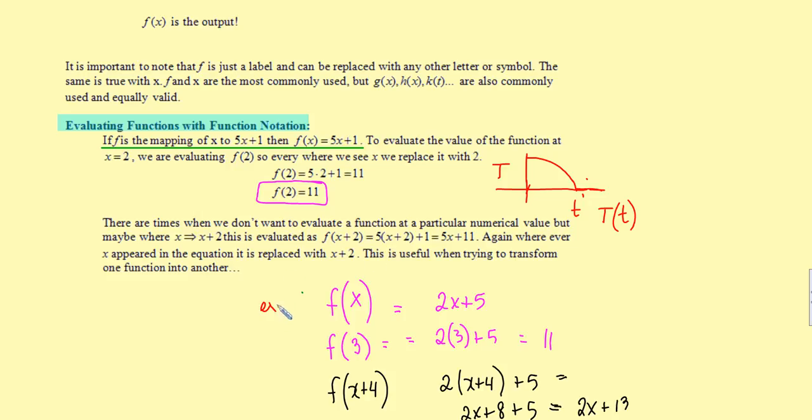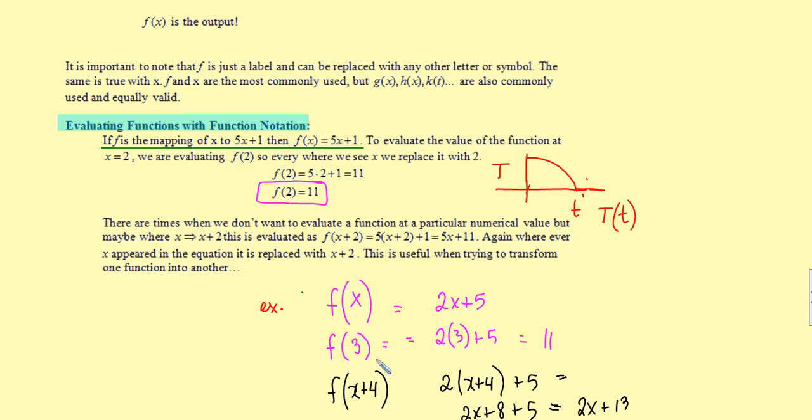The example I gave down here was, if I have f of x equaling 2x plus 5, and I decide to do f at 3, well, that just means that I'm replacing the value of x with 3 to get the corresponding value of y, which goes to 2 times 3 plus 5 equals 11.